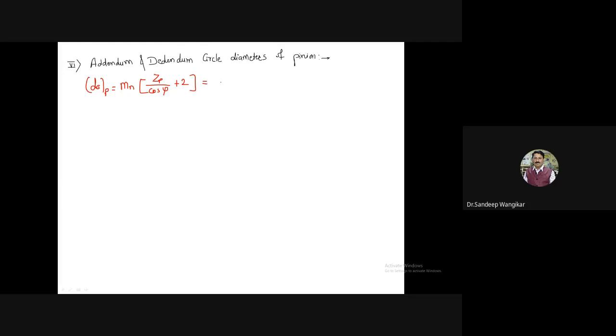I will say is equal to 4 into bracket 25 divided by cos of 24.62 plus 2. So I will get dA for pinion.